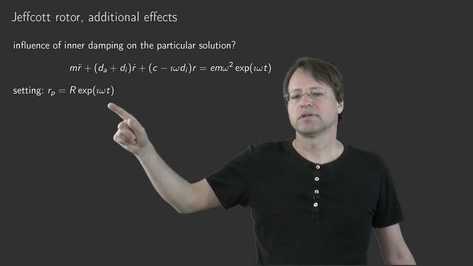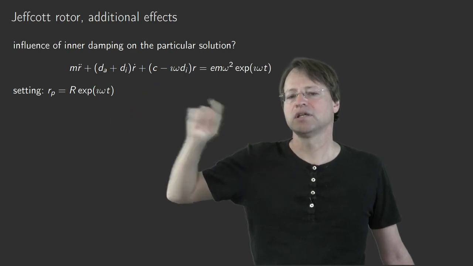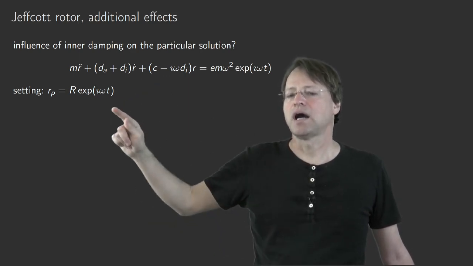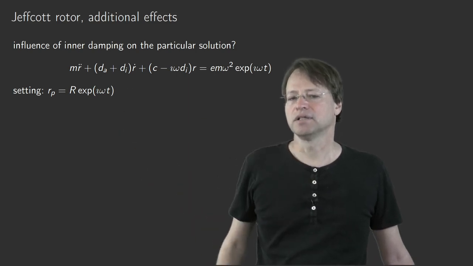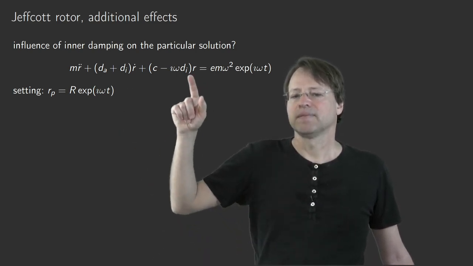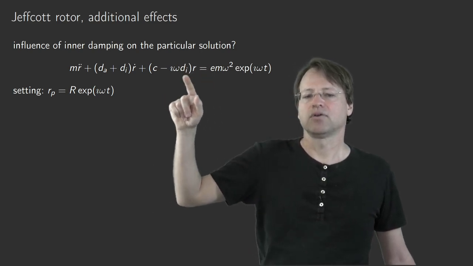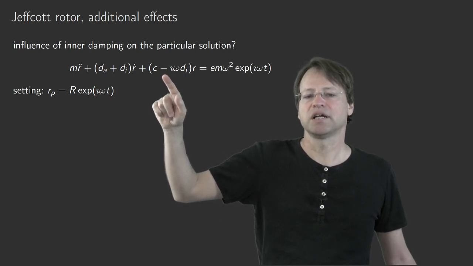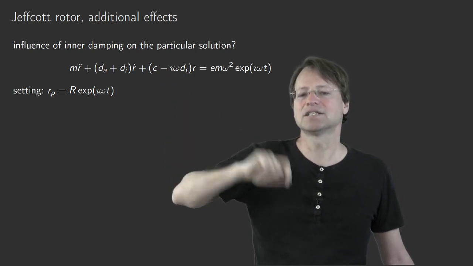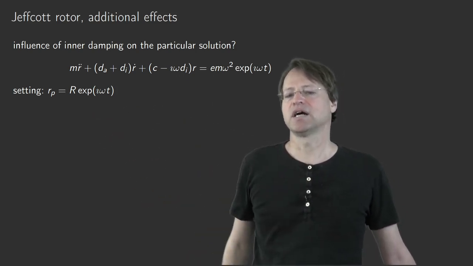If you insert that setting and take the first derivative, you arrive here for the inner damping at the term i omega R exponential i omega t. If you consider the displacement related contribution of the inner damping, you see it appears with the opposite sign, minus i omega d sub i R sub p, which is capital R exponential i omega t.